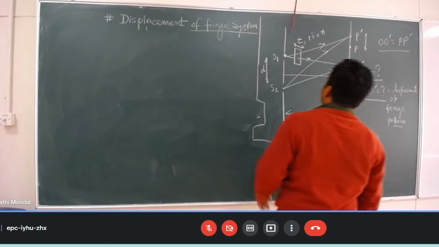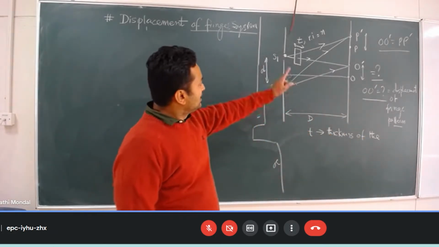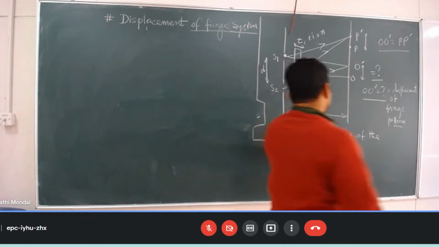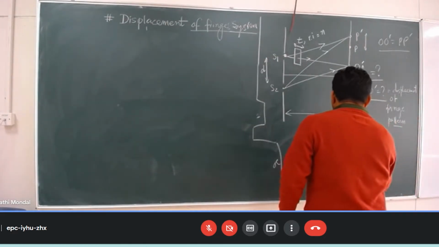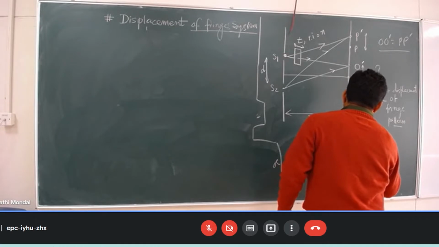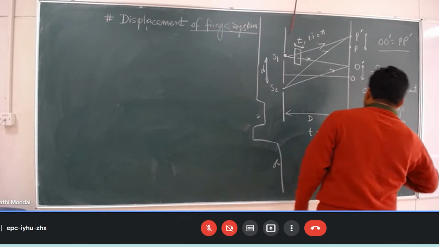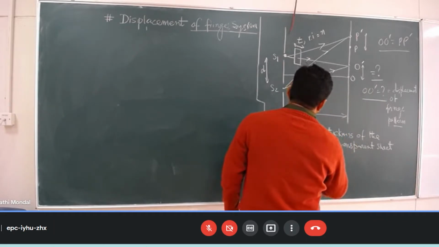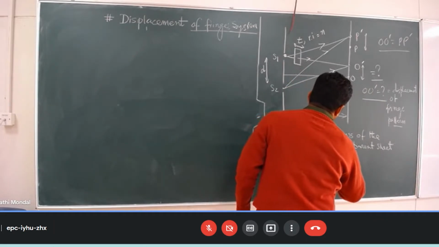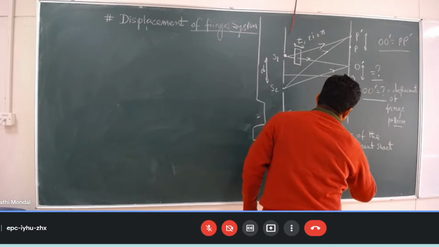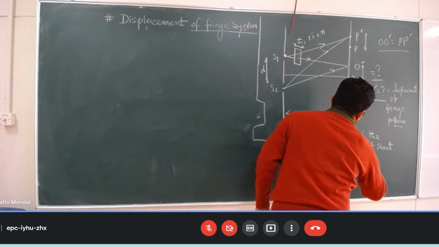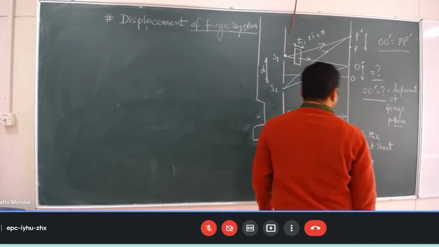It has to be a transparent sheet, otherwise it will not work. Thickness of the transparent sheet, like glass or mica, whatever. And A is the refractive index of the sheet.